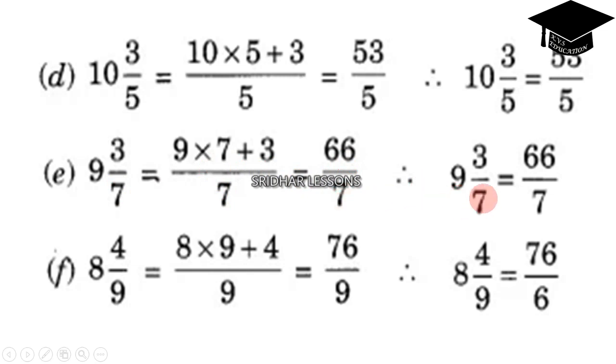Therefore, 9 3 by 7 is equal to 66 by 7. Next one, 8 4 by 9, that is 8 into 9 plus 4 is equal to 76 by 9. Therefore, 8 4 by 9 is equal to 76 by 9. All these are improper fractions because numerator is greater than the denominator. With this, we have completed this exercise.